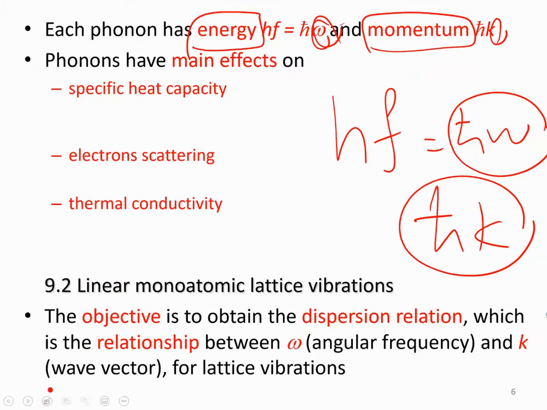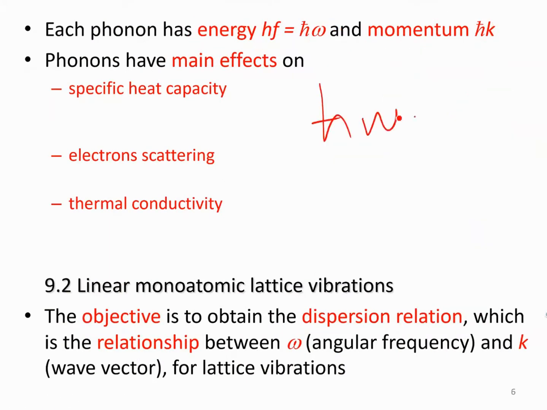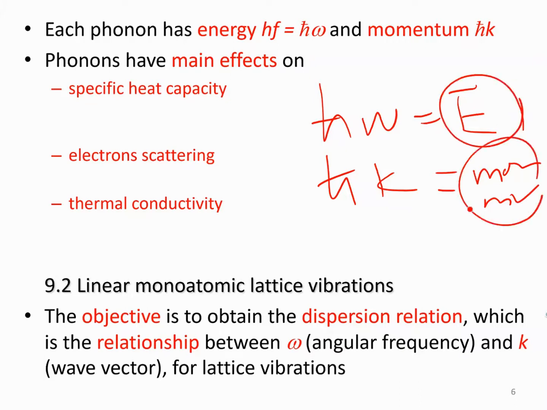Because we know that bar h omega equals E, and we also know that bar h k equals momentum equals mv, right? So we want to find the relation between E and mv, then we can find the dispersion relation between omega and k.